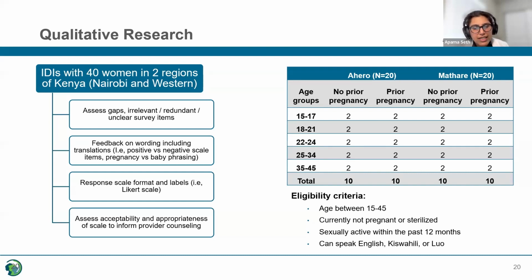The right-hand side on this slide includes disaggregation of these 40 IDIs. So we are disaggregating by age groups between 15 to 45 years and by parity, so including women with a prior pregnancy or not.